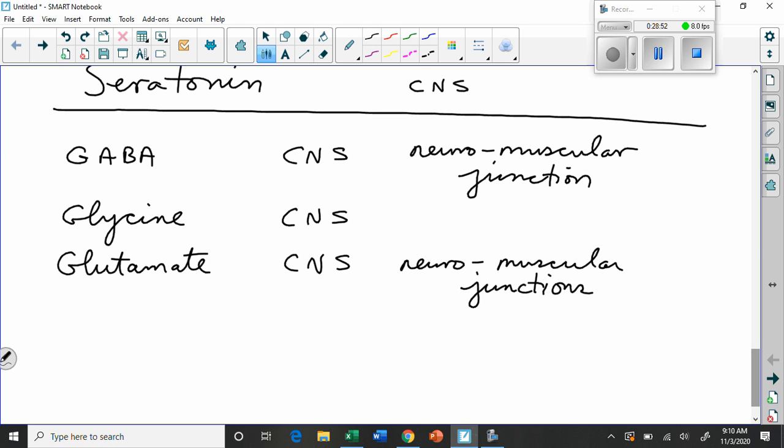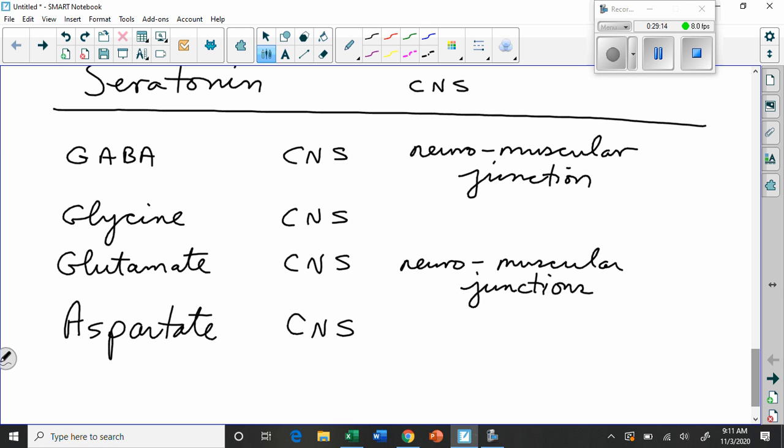And then we have aspartate as the last one. Aspartate is another central nervous system one. It just turns out that we'll go back after and we'll talk about excitatory versus inhibitory. We'll get to that after.